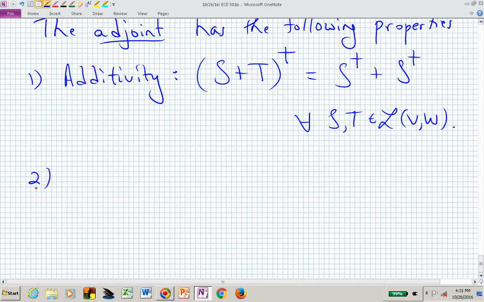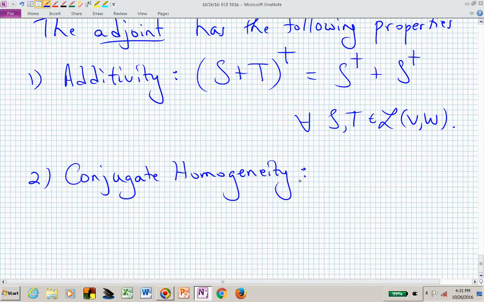We also have conjugate homogeneity. Meaning if we scale a linear map T and then take its adjoint, we can push the adjoint operation onto the linear map, but we now have to scale that by the complex conjugate of the original scalar A. Or this is now A star T dagger.